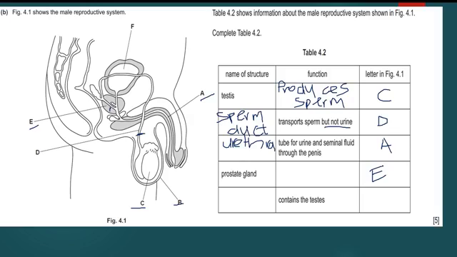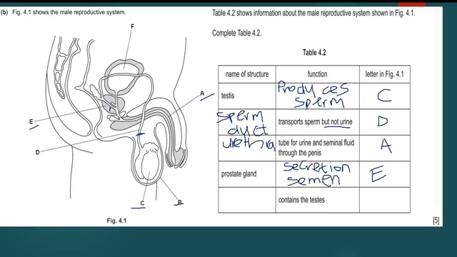And remember we said that prostate gland is the one responsible for the secretion of the seminal fluid. Okay, it's the one that produces the seminal fluid. You can call it secretion of the semen. Okay, the secretion of the seminal fluid that contains a lot of nutrients.